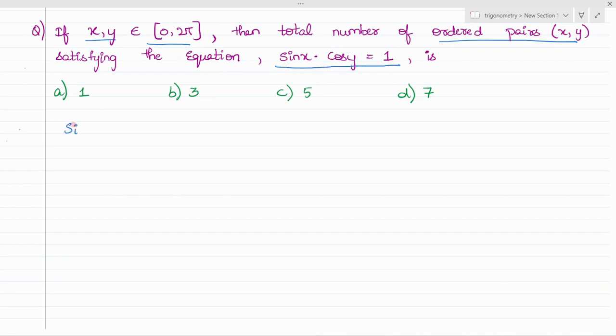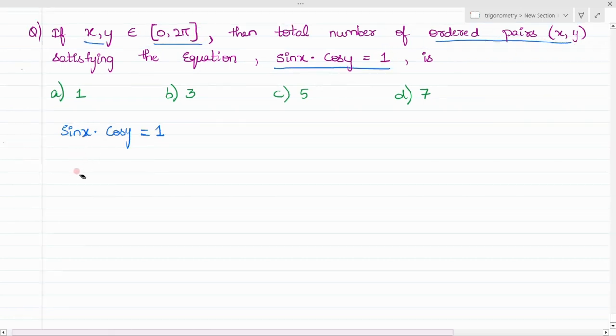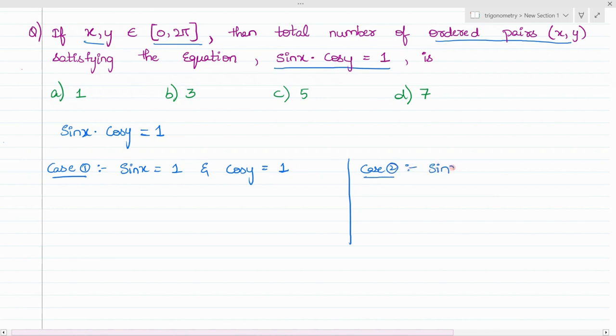For this equation, we have only two cases possible. Case 1: both sin x and cos y should be equal to 1. Case 2: both sin x and cos y should be equal to -1.